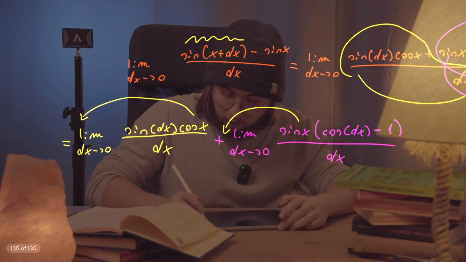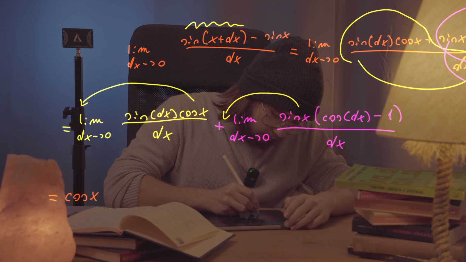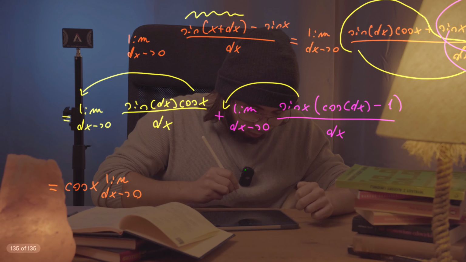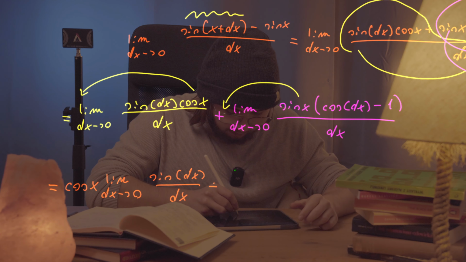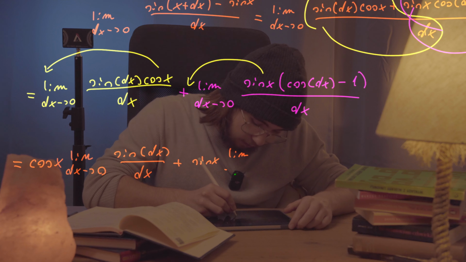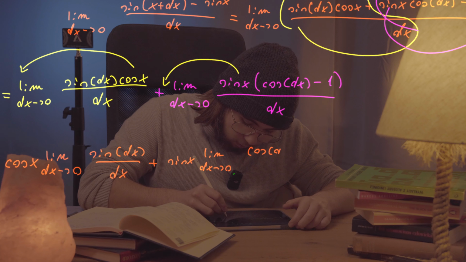So what we're going to be left with after doing all that is cosine of x multiplied by the limit as dx approaches 0 of sine of dx all over dx, and then plus the sine of x multiplied by the limit as dx approaches 0 of cosine of dx minus 1 all over dx.